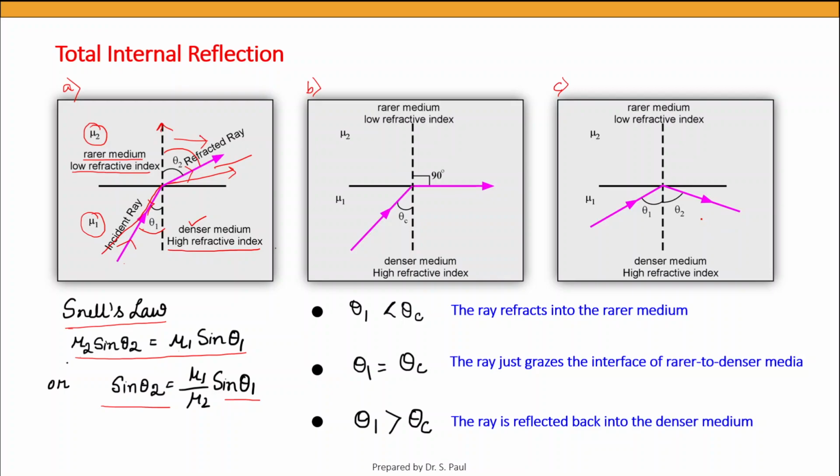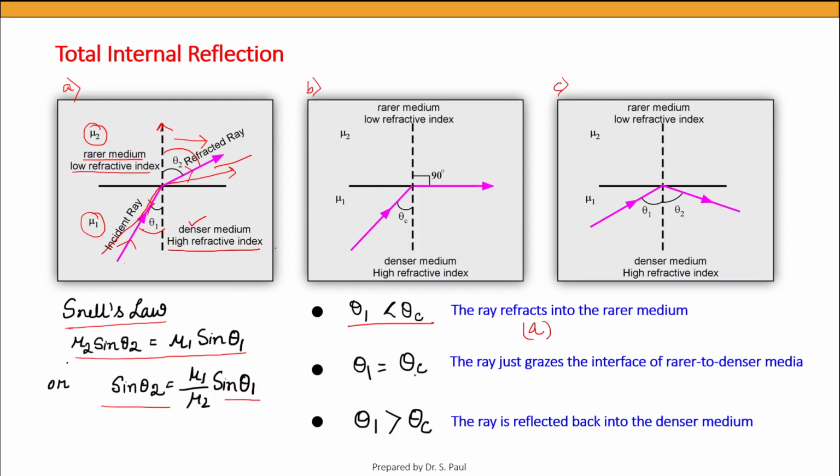This is known as total internal reflection. The phenomenon in which the light is totally reflected at the denser to rarer medium boundary is known as total internal reflection. So when theta 1 is less than theta c, as in picture A, the ray refracts into the rarer medium.